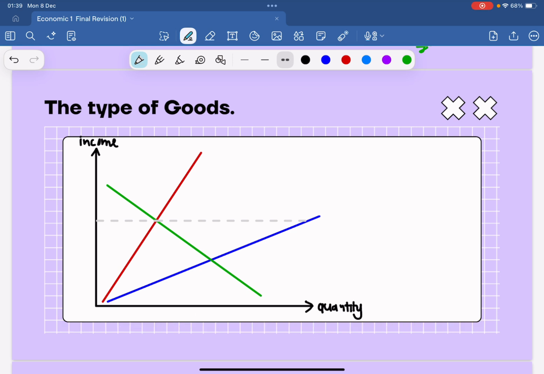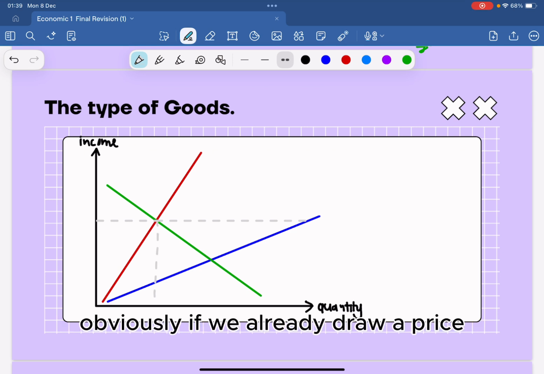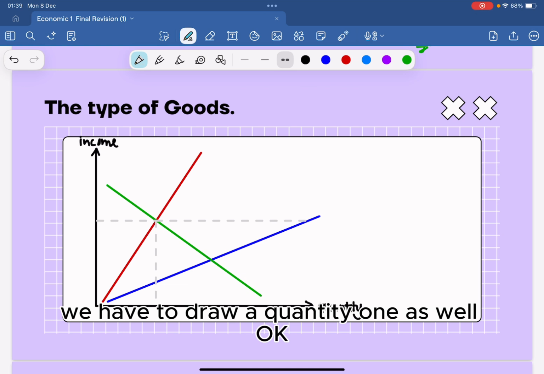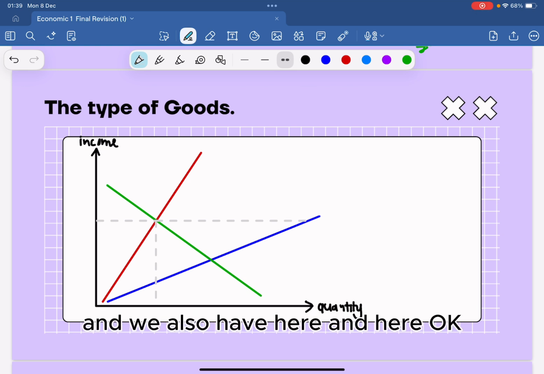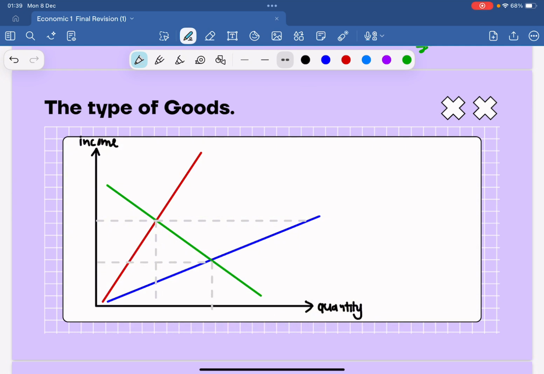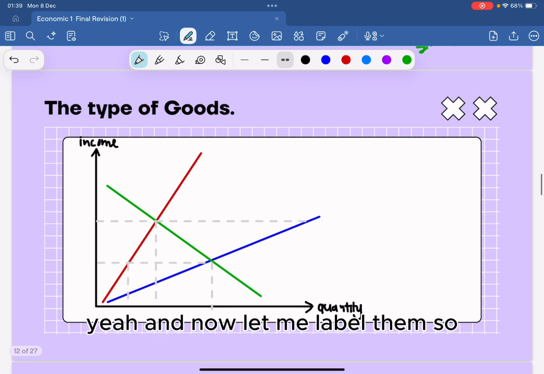Obviously, if we draw an income, we have to draw a quantity one as well, and we also have here and here, and obviously here as well. Now let me label them.